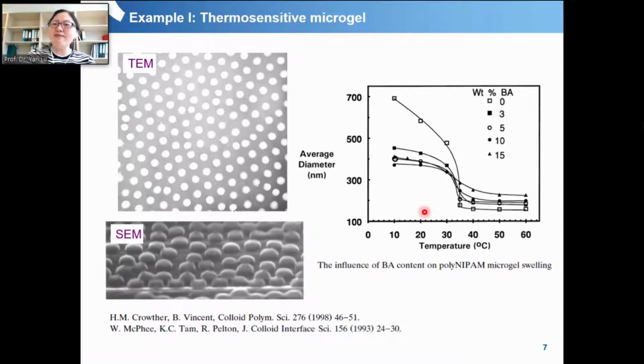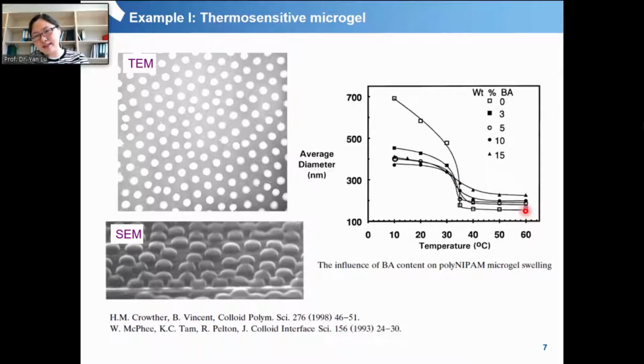A very convenient method to determine the size of this microgel is dynamic light scattering, DLS. I also mentioned it once in the beginning of our lecture: by dynamic light scattering measurement, you get the hydrodynamic radius or hydrodynamic diameter of your particle. By this method, you can measure your microgel particles as a function of temperature.